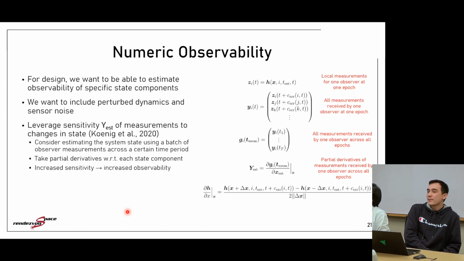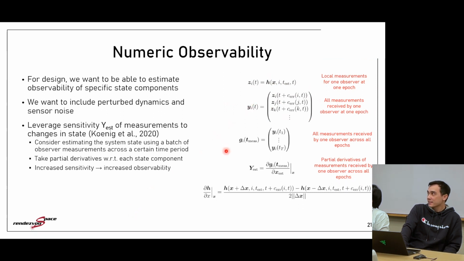So we use this method developed by Adam Koenig, where we first of all look at all of the local measurements for one observer at a single moment in time. For example, all the varying angles of the targets they have in their camera. We then combine this as essentially the list of all measurements they get locally, and all measurements they receive from remote observers at one time.